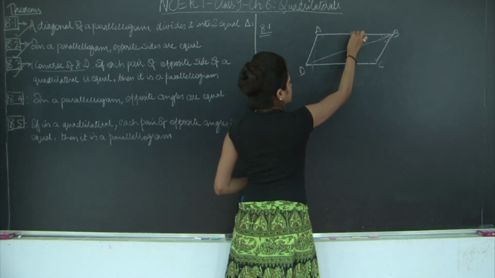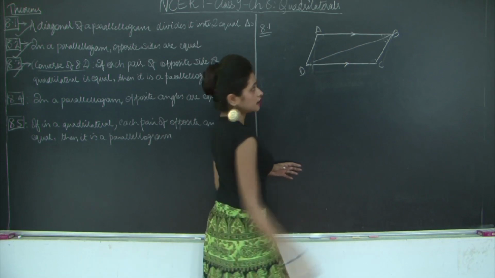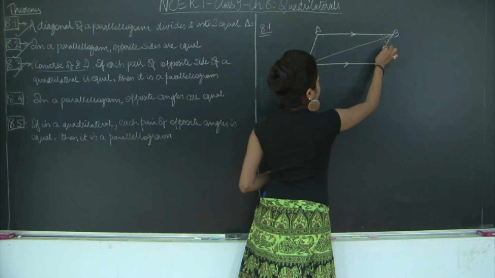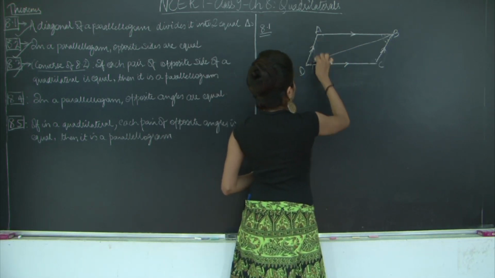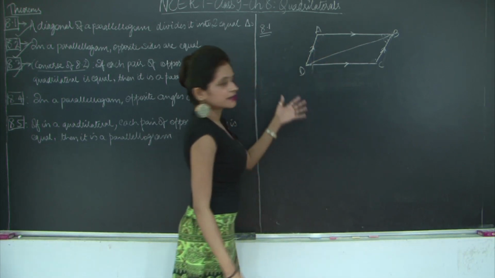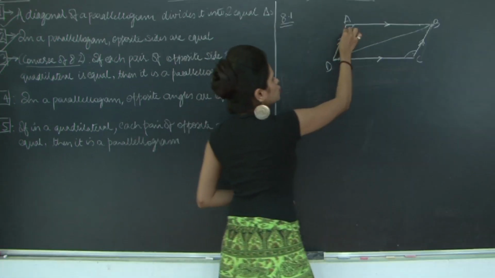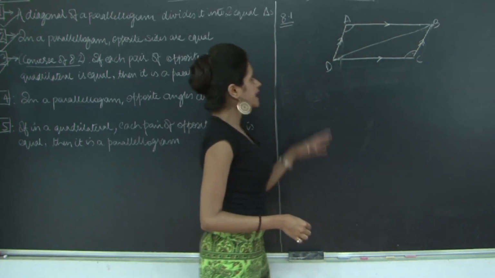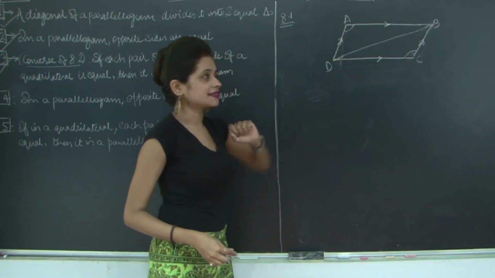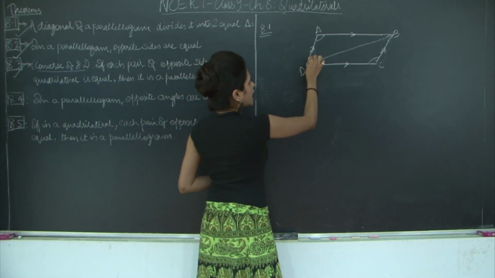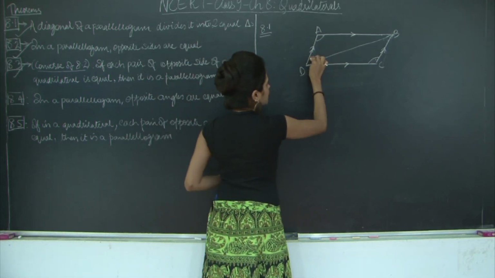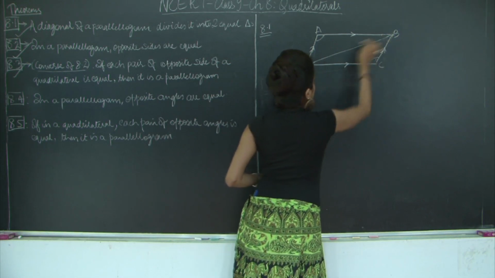I have these two sides parallel and these two sides parallel, correct? Now this is a parallelogram. We learned that the opposite sides are equal to each other. So through corresponding parts of congruent triangles, I can prove that angle A is equal to angle C. Now if you notice, my angle ADB is equal to angle CBD.